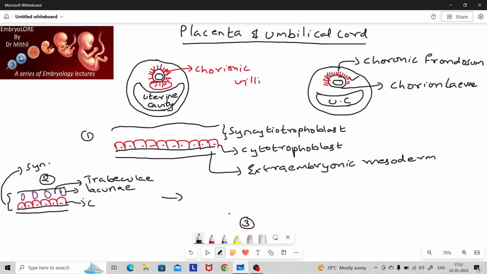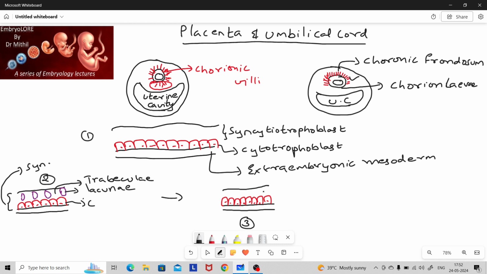So let us try to understand what is happening. The same extra embryonic mesoderm, and on it will be sitting the cytotrophoblast, which will be the upper layer.